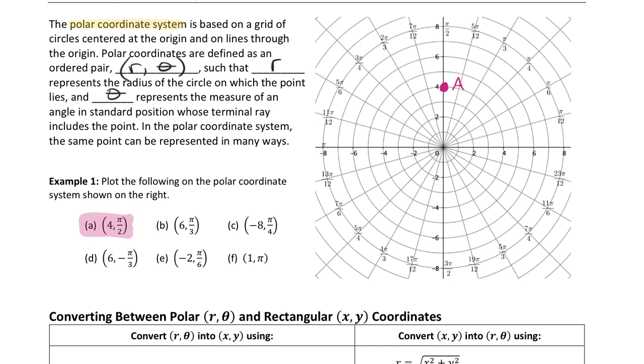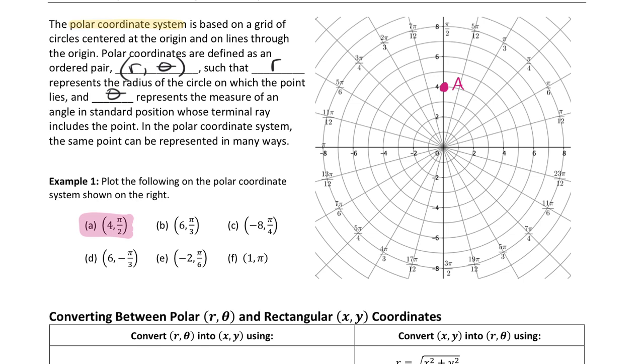Again, the radius of the circle, so this one right here is radius 1, then radius 2, radius 3, radius 4, radius 5. And then you're staying on that circle as you go around. So basically it tells you what ring to use and then how far to go around with your angle. Let's try another one.